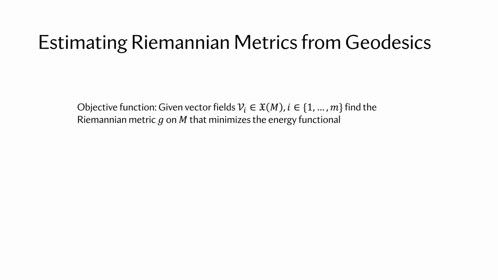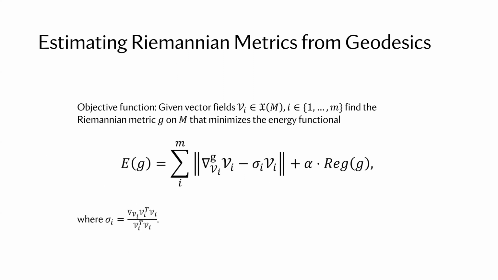Given the vector field living in the manifold M, our objective becomes to find the Riemannian metric G on M that minimizes the energy functional. The summation allows the metric to accommodate multiple tangent vector fields, which essentially represent crossing fibers, and the regularization term is also added to prevent overfitting.